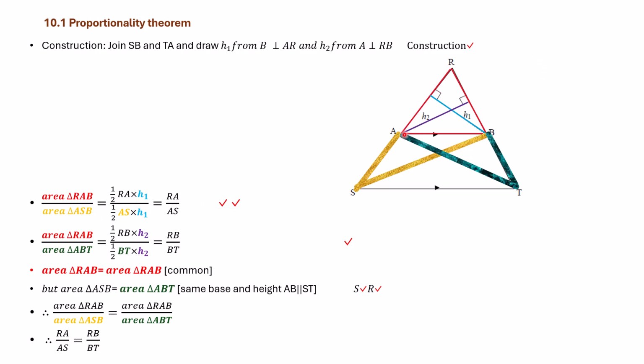So we look at the area straight. If I take RA as the base, then my perpendicular height is H1. Remember, area of a triangle is half base times perpendicular height. So there it is half RA times H1. Then I'm going to take AS as my base as well.